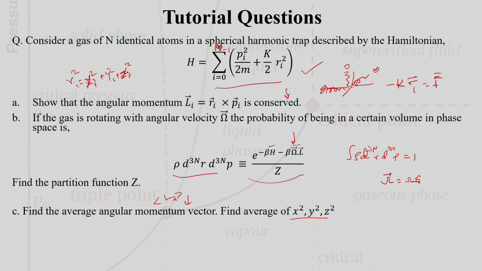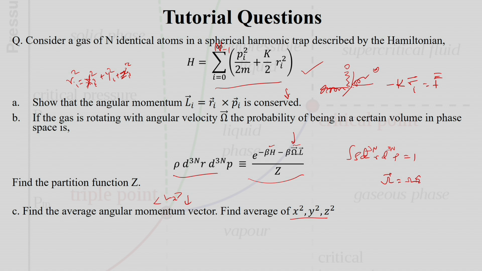So, we successfully solved the first part, which is very easy. It is to show that the angular momentum of each particle is conserved for a Hamiltonian of this type, and this is self-evident, because it is a central force.